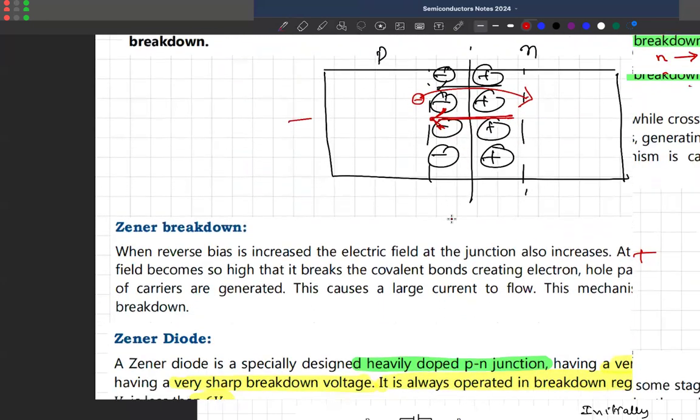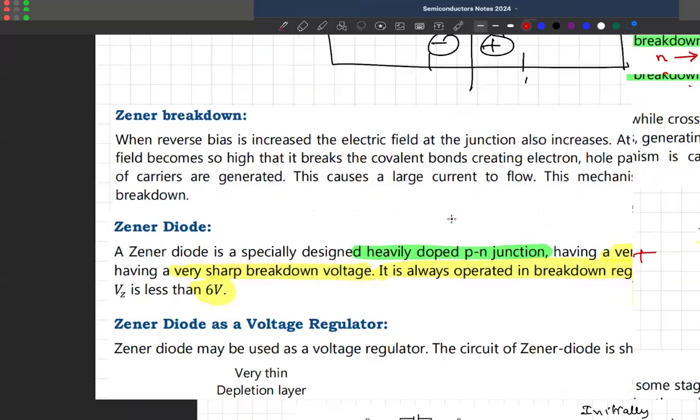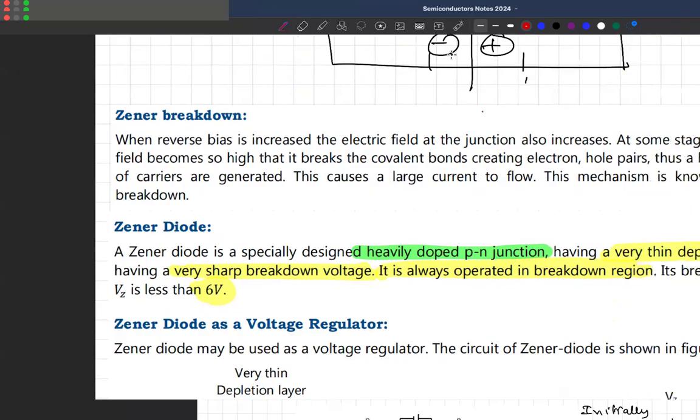Whereas Zener breakdown is slightly different. Same reverse bias condition, and the difference between a normal diode and a Zener diode is that a Zener diode is a heavily doped PN junction diode.